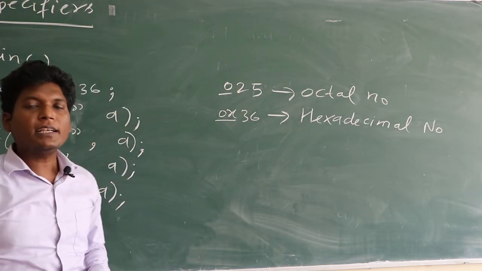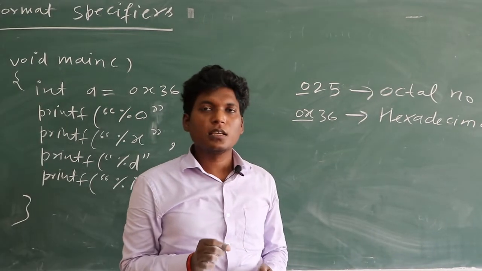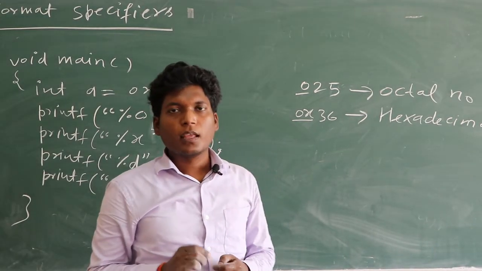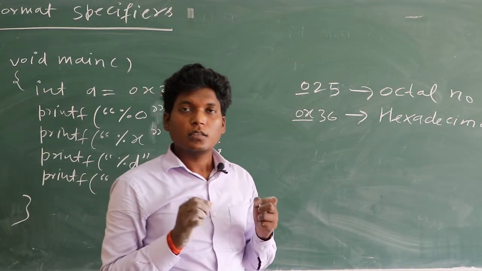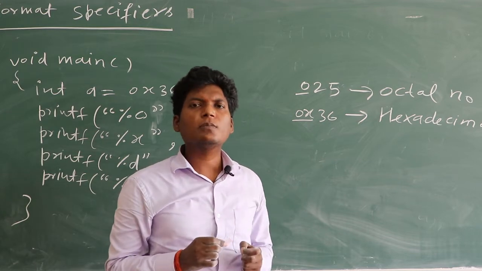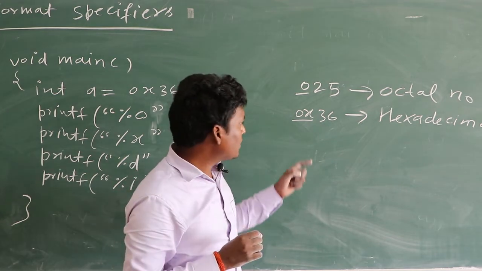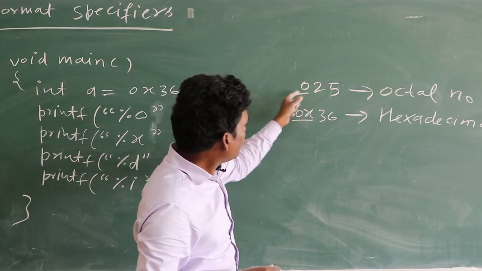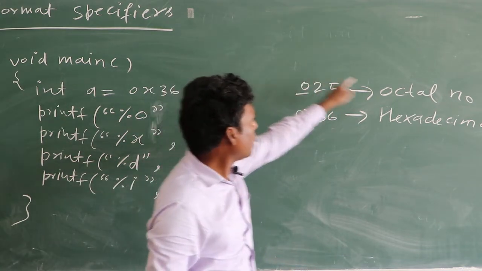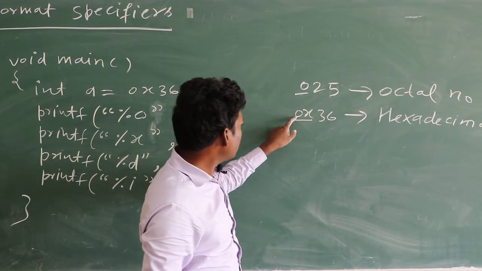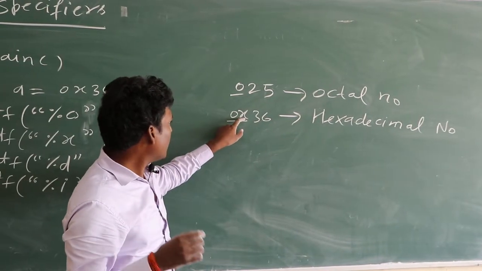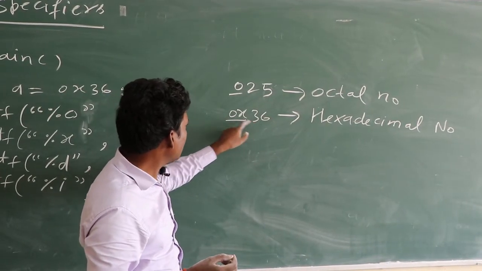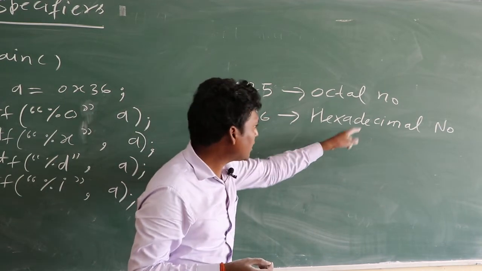If any integer has a leading 0, it means it is an octal number. If any integer has a leading 0x, it means that integer is a hexadecimal number. So there is a leading 0, so this 025 is an octal number. There is a 0x leading before 36, so this number is a hexadecimal number.